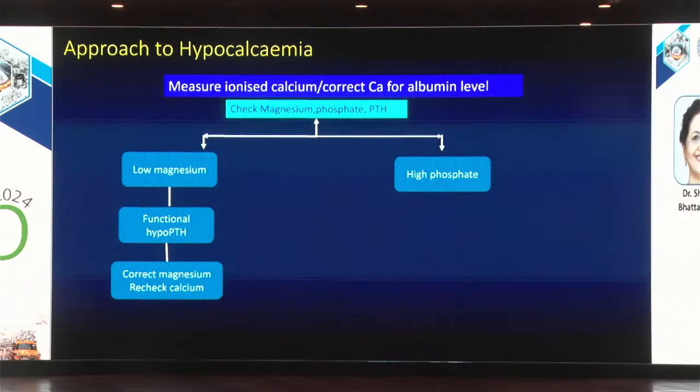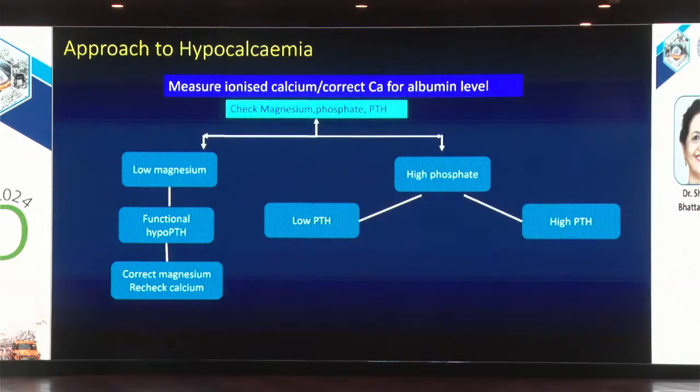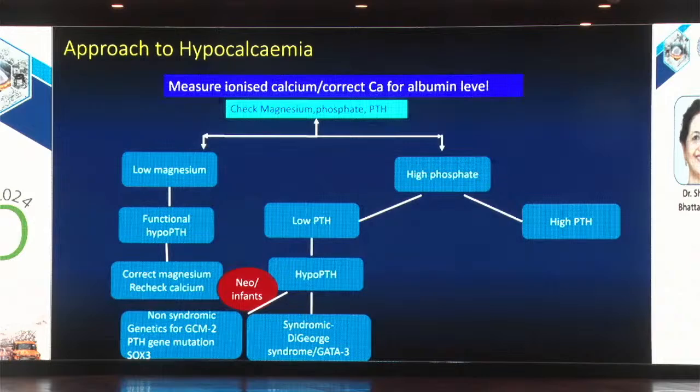If magnesium is normal and you have high phosphate, then you will have to do PTH, because when there is low calcium and high phosphate, it's always an abnormality of the PTH. So if there is low PTH, the diagnosis would be very simple, as we think, hypoparathyroidism.